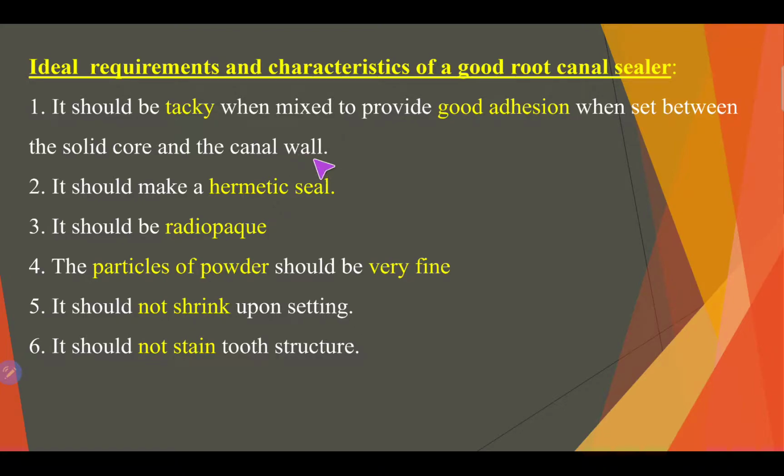If it is not sticky, or it's a solid part, or it's heavy or thick, it will not have this property. So the better property is to be tacky and have good adhesion.